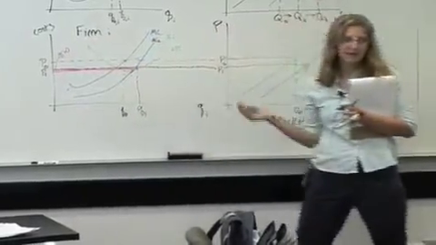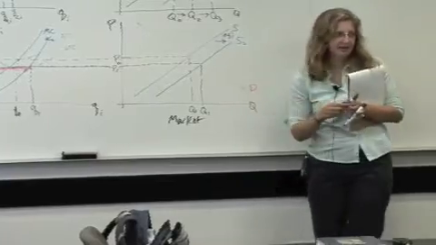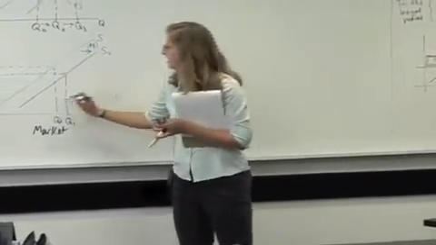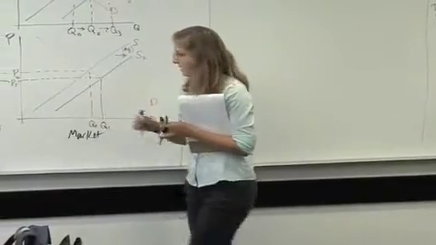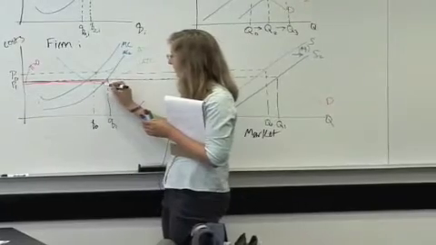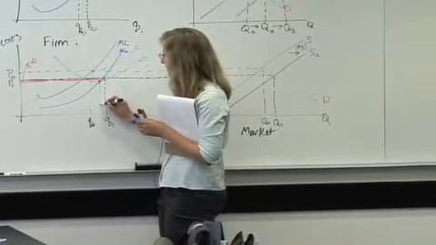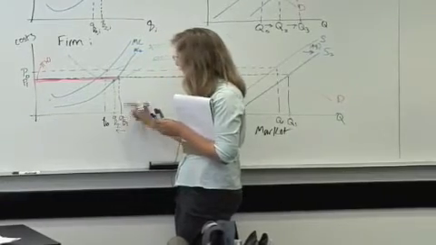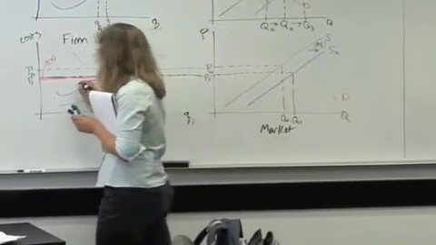And whenever we have positive profits in the short run, what happens? Firms enter the market. And so we have a second shift in the supply curve all the way until we get to this point right here. We get back to our equilibrium of 0 profits.